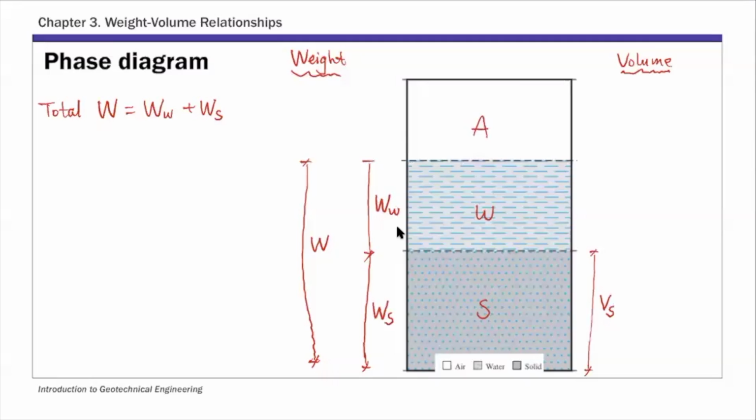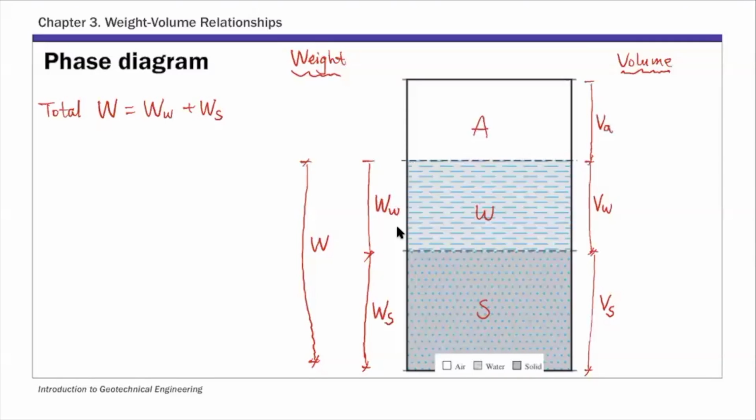And then for water, this is V sub W, the volume of water. And we do need to consider the volume of air. Although it's very light, it does occupy the void space. So we use V sub A for volume of air.